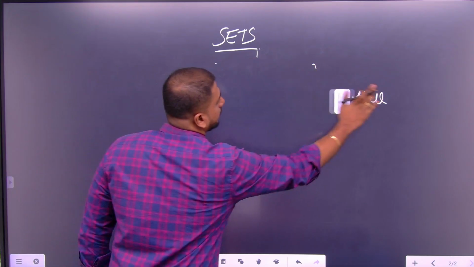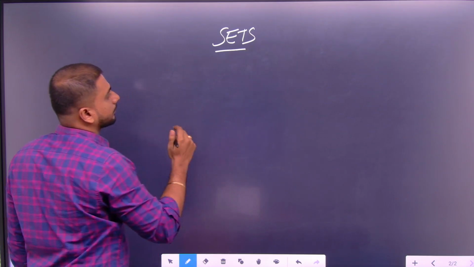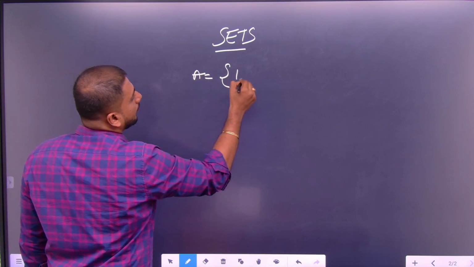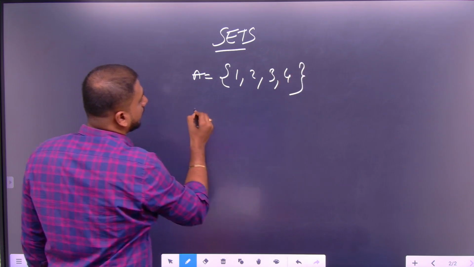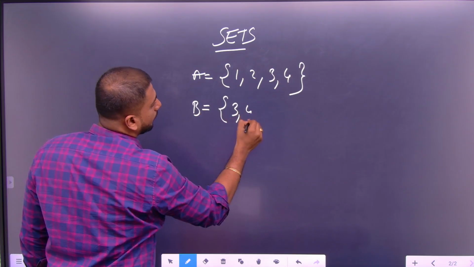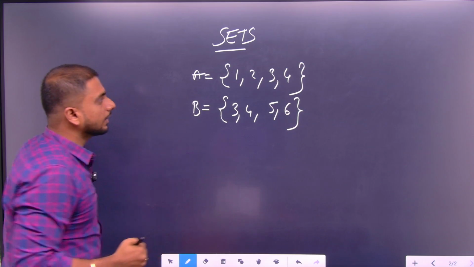Okay. Let's take another example here. Instead of having this, we will take numbers to make it simple for explanation. Okay. We have a set A is equal to 1, 2, 3, 4. And we have another set B as 3, 4, 5, 6. Okay.